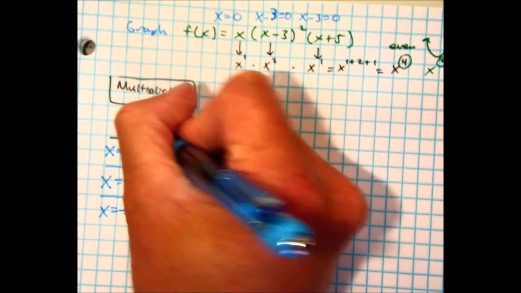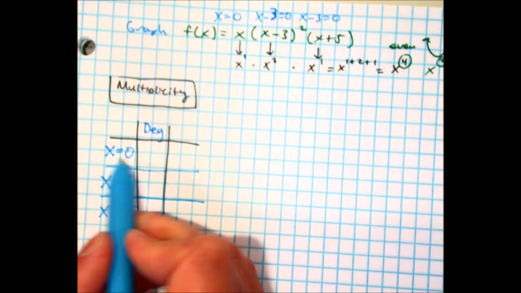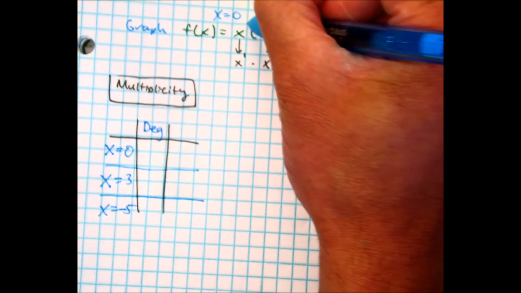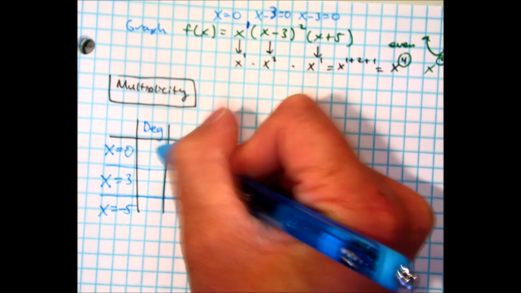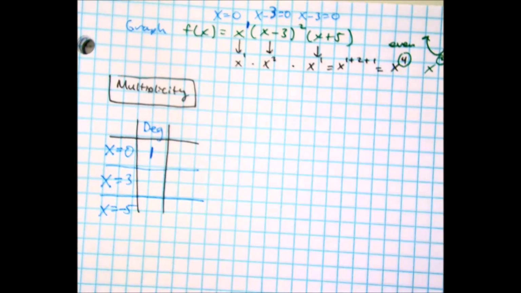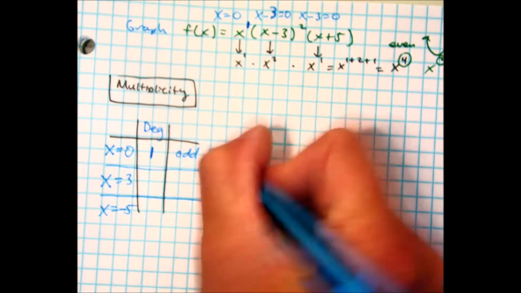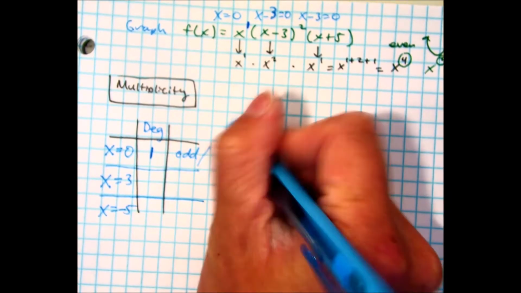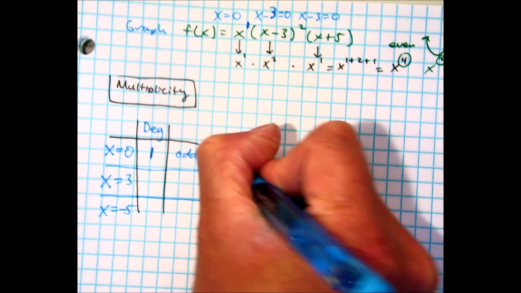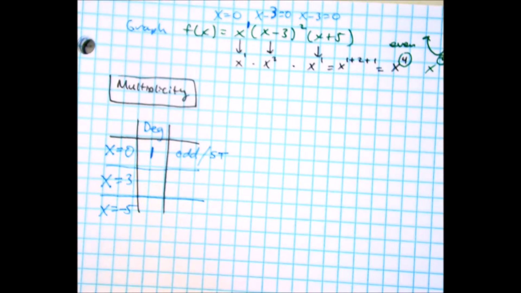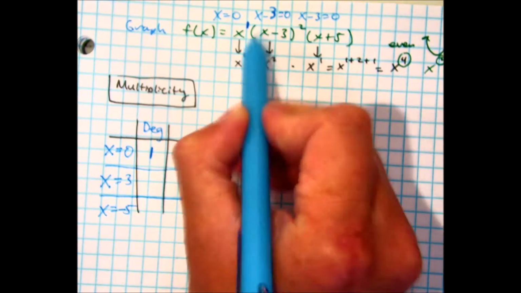The next thing I'm going to do is look at the degree that it has. So this one right here has a degree of 1. The degree of 1, is this odd or even? Odd. And odds, do we kiss or shoot through? Shoot through. X equals 3.